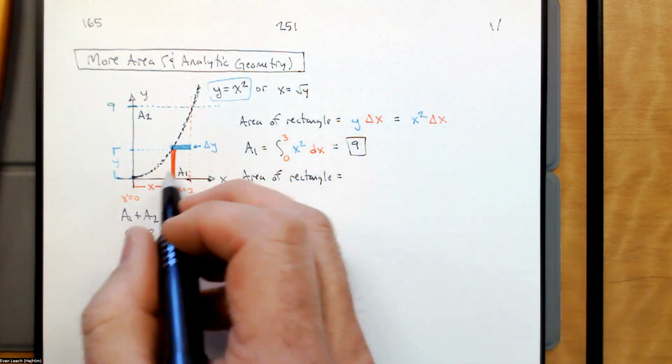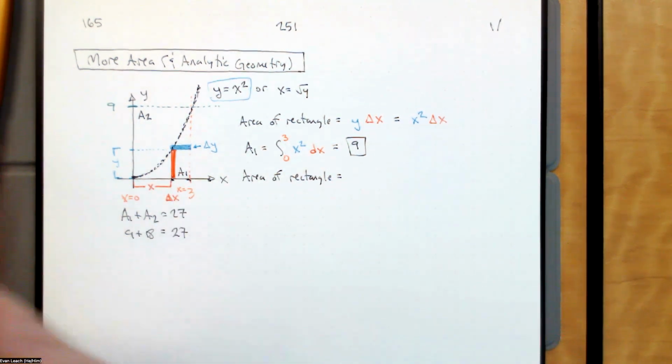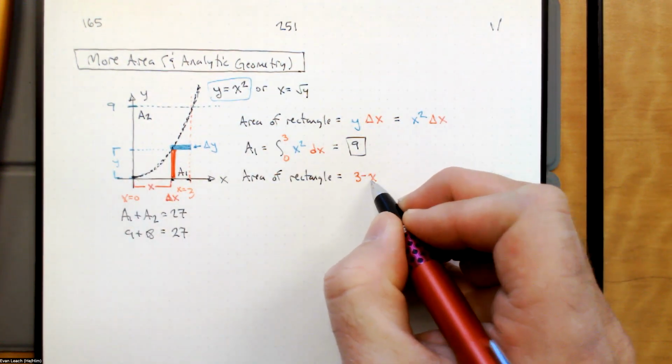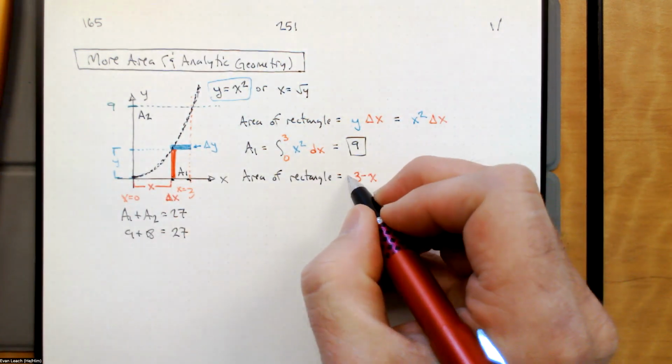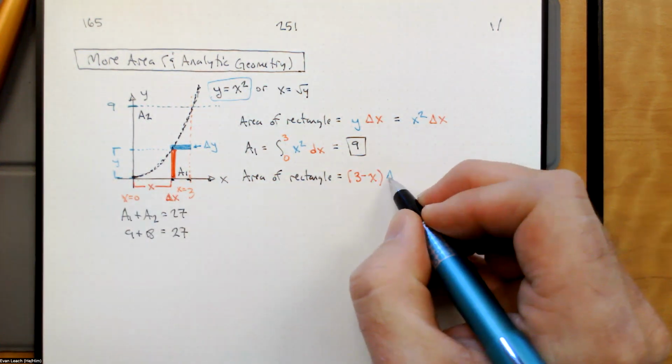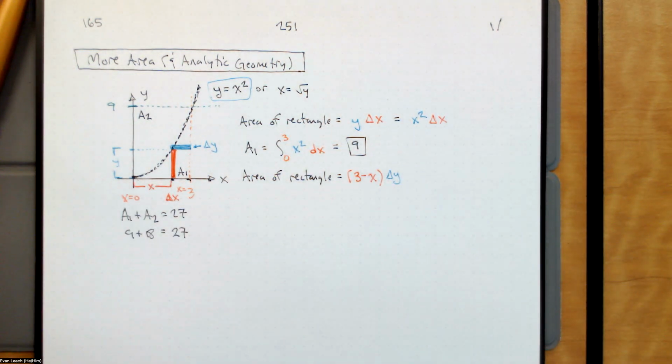So the width that we're going to choose here is 3 minus x, times delta y. I don't just put x in there because that's not what we're looking for. x starts at the origin and ends at the value x. I want from the value of x up to 3. So I want that difference. So I'm going to take 3 minus the x.